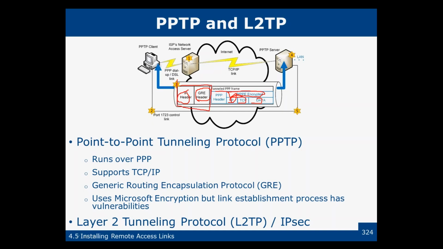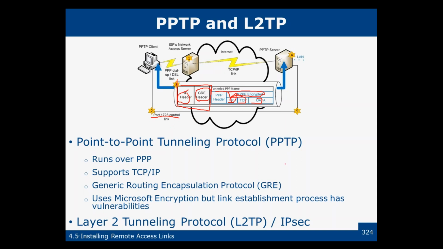But you do have to configure your firewall to allow the IP along with the GRE header and port 1723 for the control link. So 1723 for point-to-point tunneling protocol, the port number, and the protocols that we have to allow, the encapsulated IP GRE header.